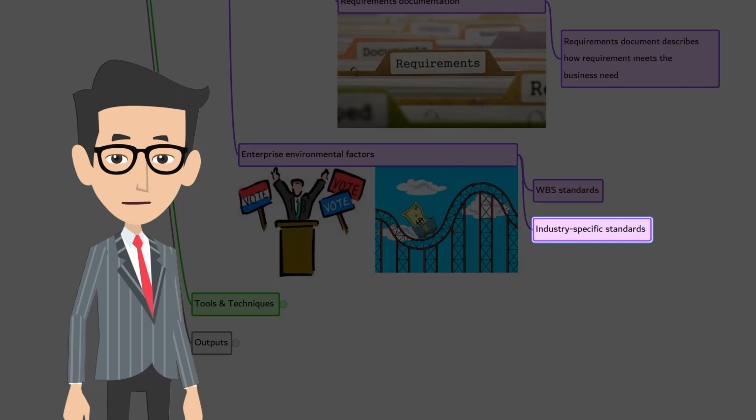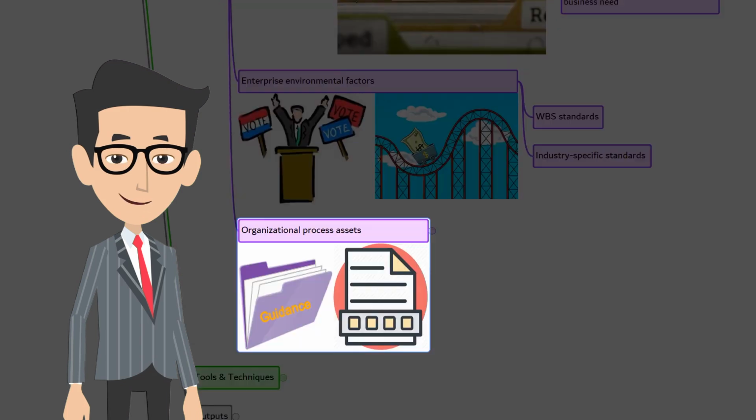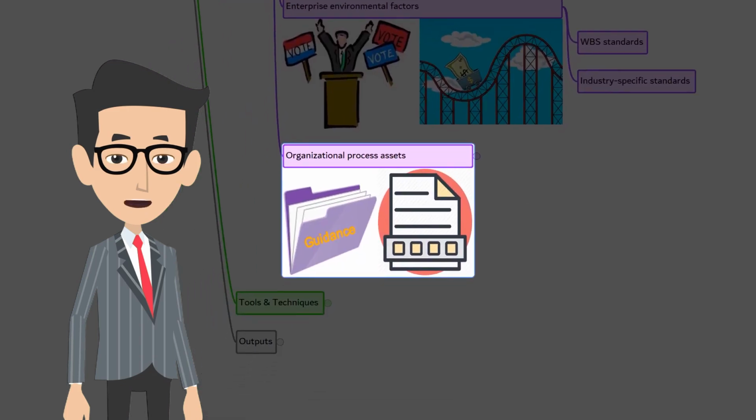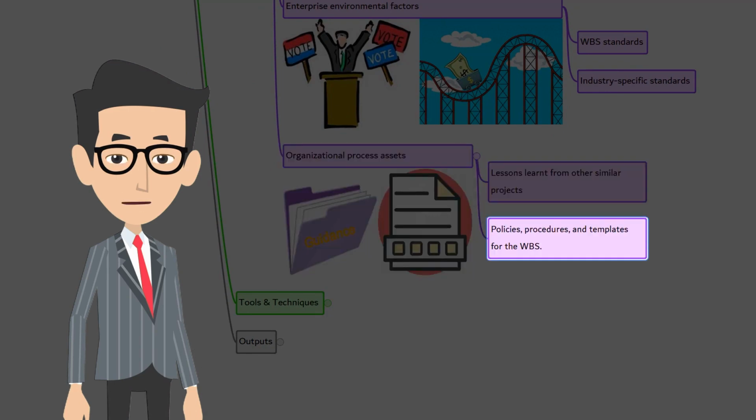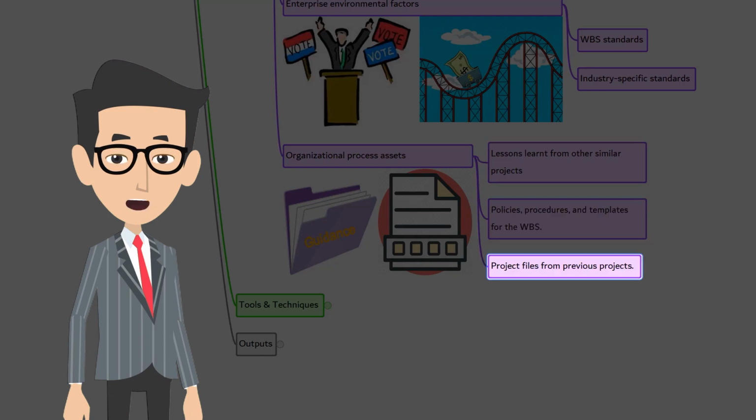These industry-specific standards may serve as an external reference source for creating the WBS. The last input in the list is organizational process assets. Let's look at the OPAs that are relevant to the context. Lessons learned repositories from similar projects, policies, procedures, and templates related to WBS, and project files from previous projects.